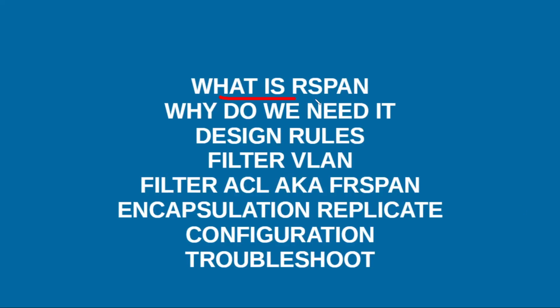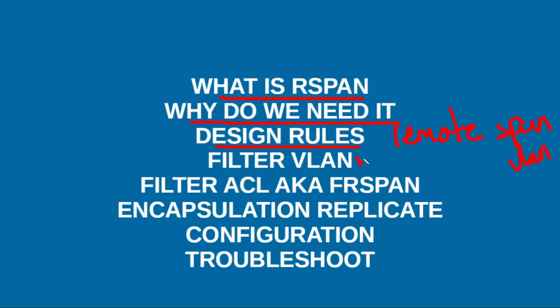We defined what remote SPAN is. Why do we need it? We talked about how remote SPAN is more useful than regular SPAN. We talked about the design rules, mainly related to the remote SPAN VLAN. And we talked about what features are available when using remote SPAN.